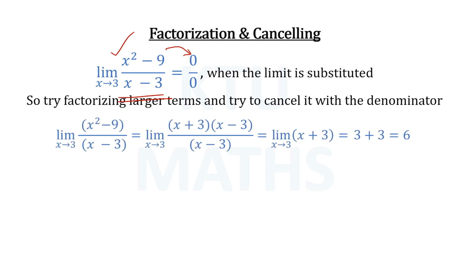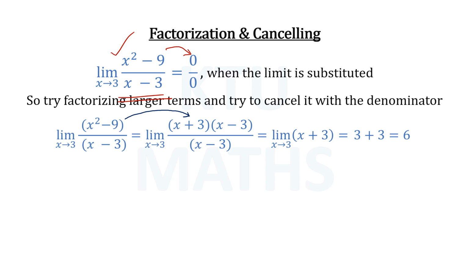Now we can factorize the numerator and cancel it with the denominator. x square minus 9 can be factorized as x plus 3 into x minus 3. And how did we get it? We got it by a simple identity.